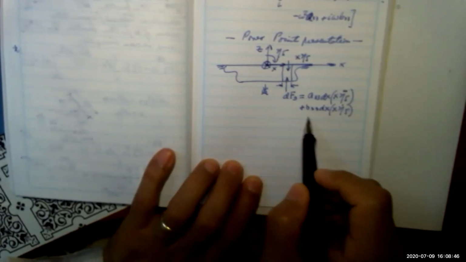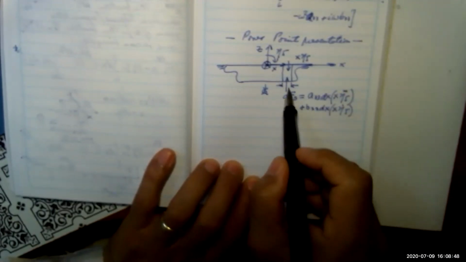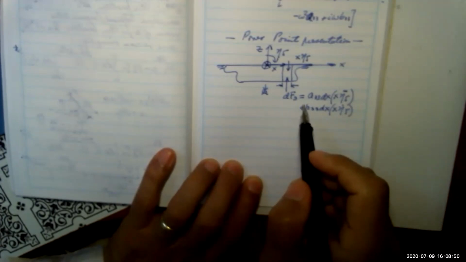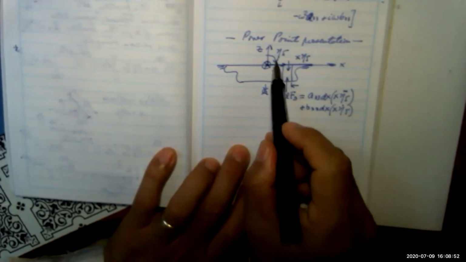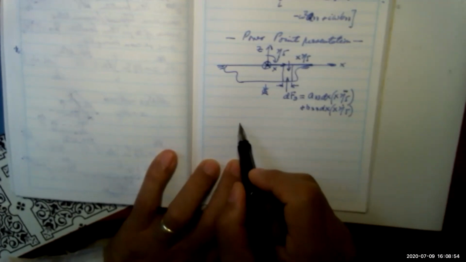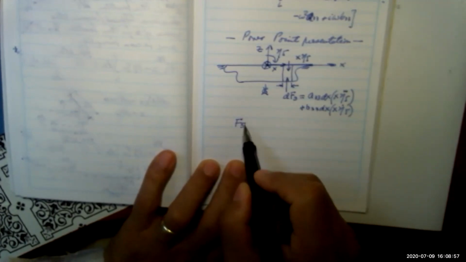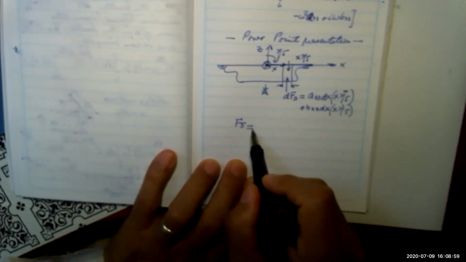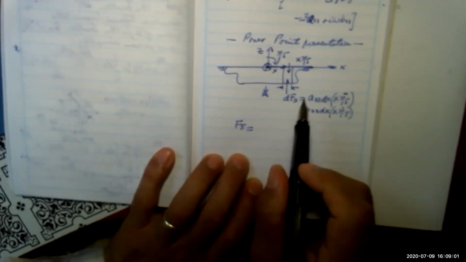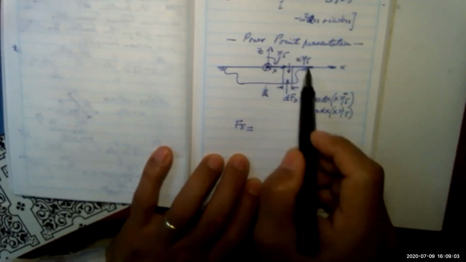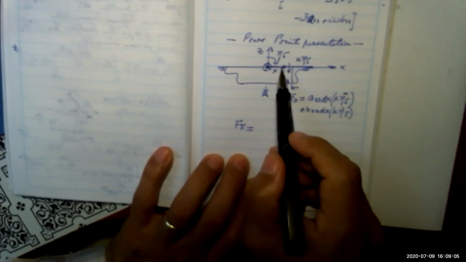If this is the force in that direction, what does that mean? That means that it will generate a moment. So the moment F5 is going to be equal to what? Only because of this motion, okay?